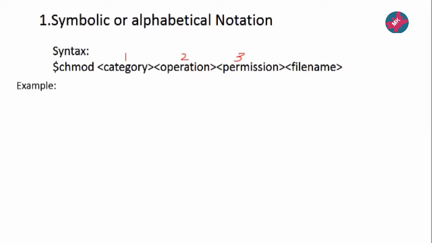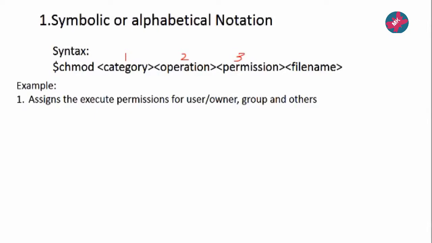Suppose I have to write the command to assign the execute permission for user or owner, group, and others. How do we frame the command? Since I have to assign, I will use the plus symbol. Then the execute permission, x, to be given to user, group, and others.